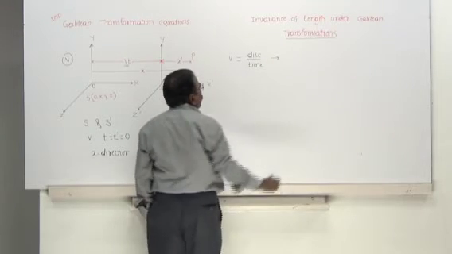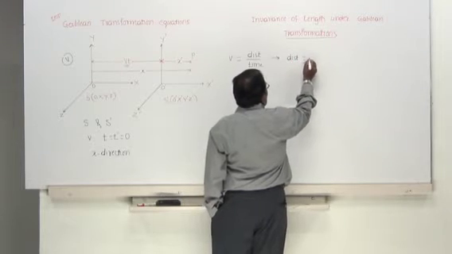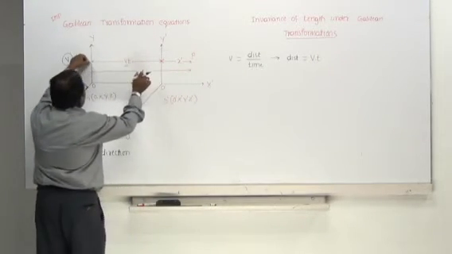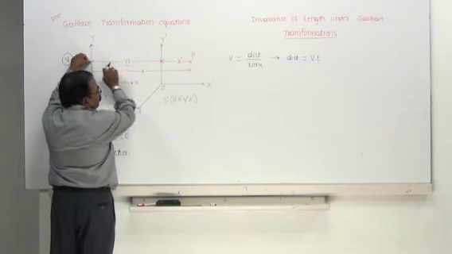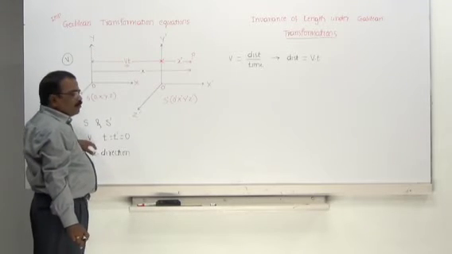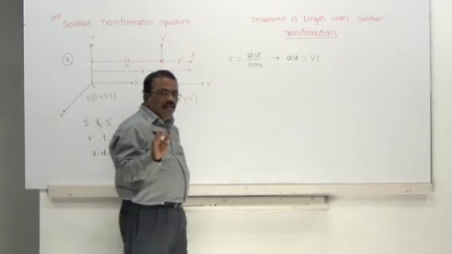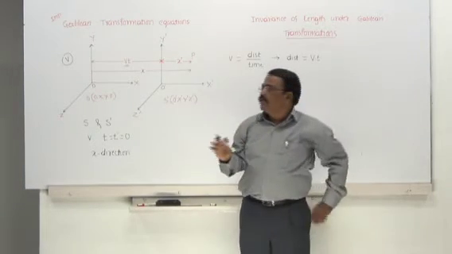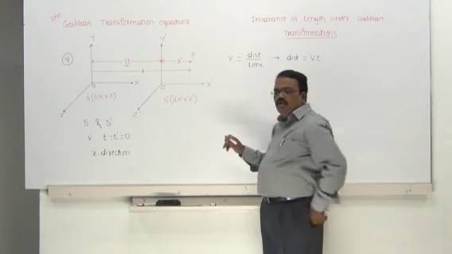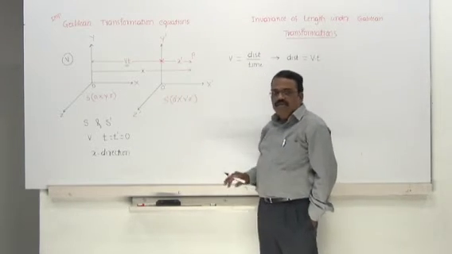From this, distance is equal to V into T. That means the distance covered by this S dash frame in time t seconds is V into T, because it is moving with uniform velocity V. And there is no change in the Y component and Z component, because Y and Y dash are parallel, Z and Z dash are also parallel, but only this S dash has moved along this X axis.